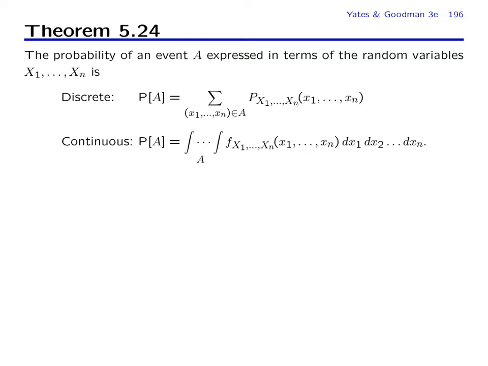In the discrete case, if we're interested in whether X1 through Xn satisfy some property and belong to a set A, we sum the probability over all of the x's in the set A to find the probability of A. And equivalently, in the continuous case, we integrate the joint PDF of the random variables over the region A to find the probability of A. It's exactly what we did in 2 dimensions, just generalized to n dimensions.